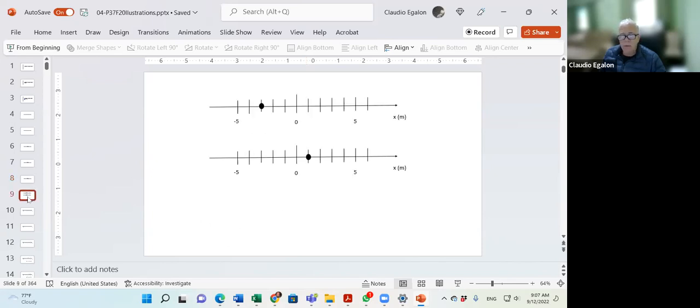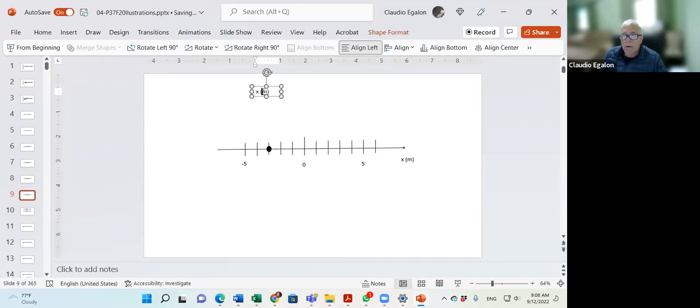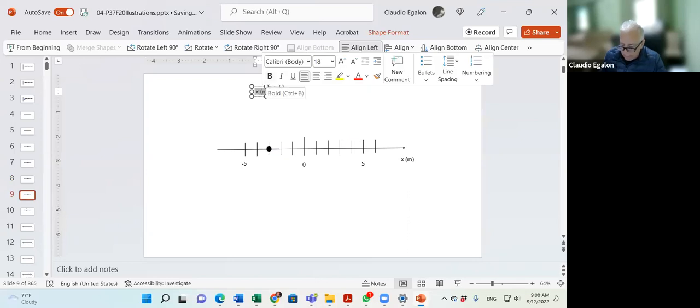Okay, so suppose that I give an instant of time, the particle is at this position. So what position would that be? Let's put t equal to 0, just like we did in the previous class.